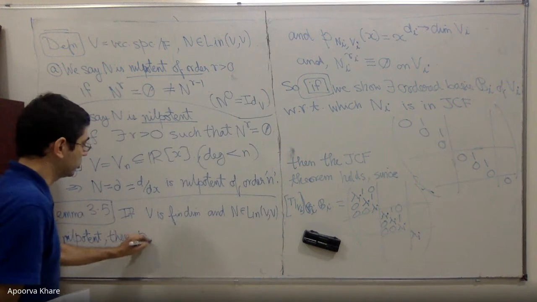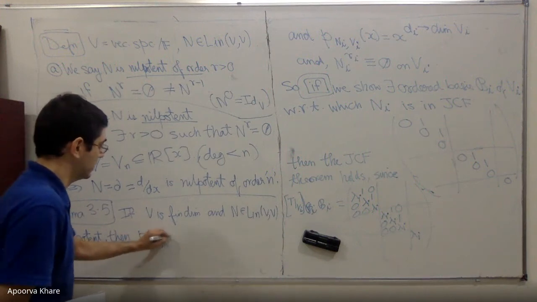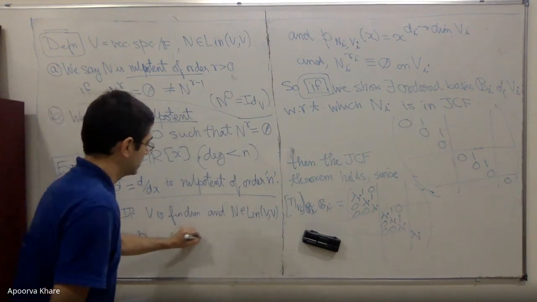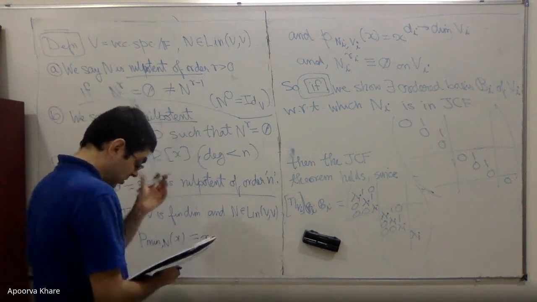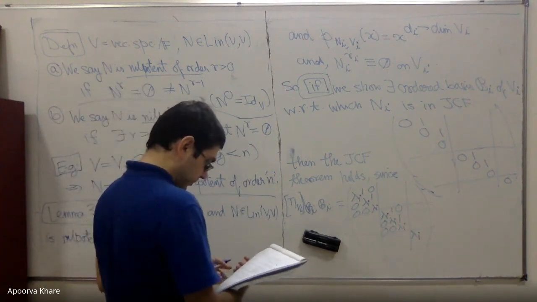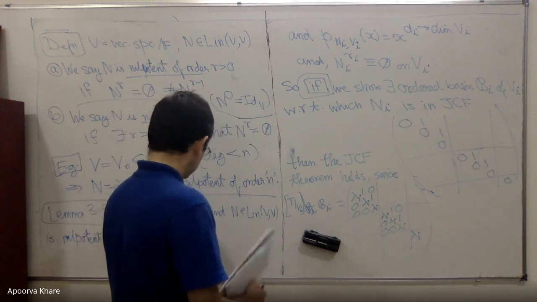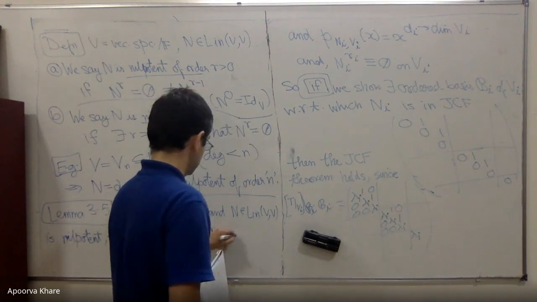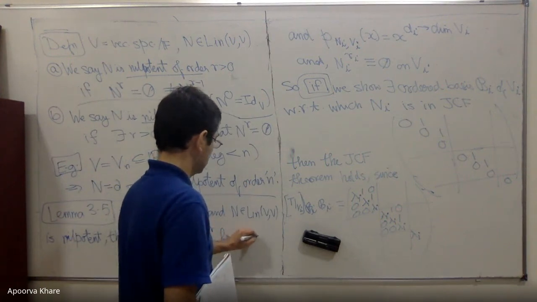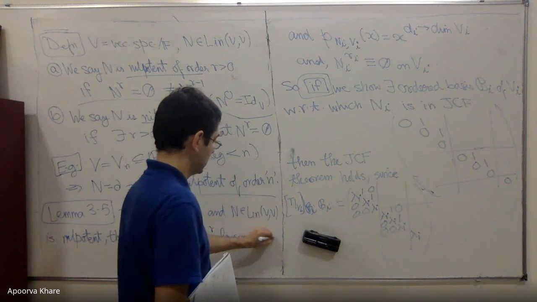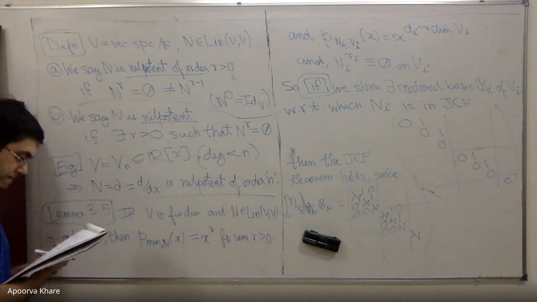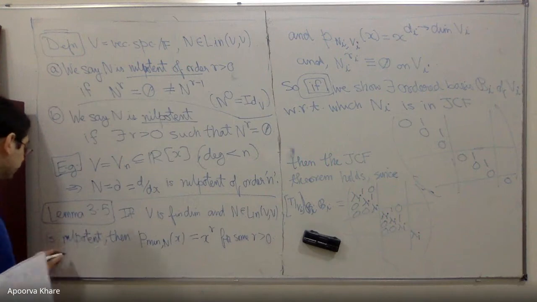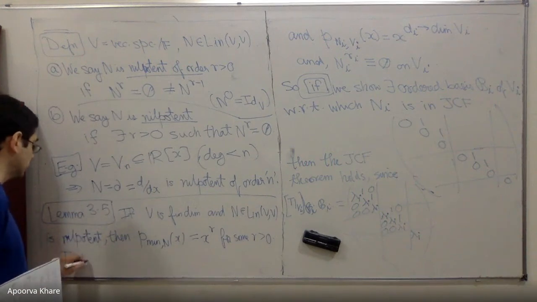Then the minimal polynomial for N is x to the r for some r. I don't know what it is, but it is x to the r. So in particular, of course, all the eigenvalues of N are 0.